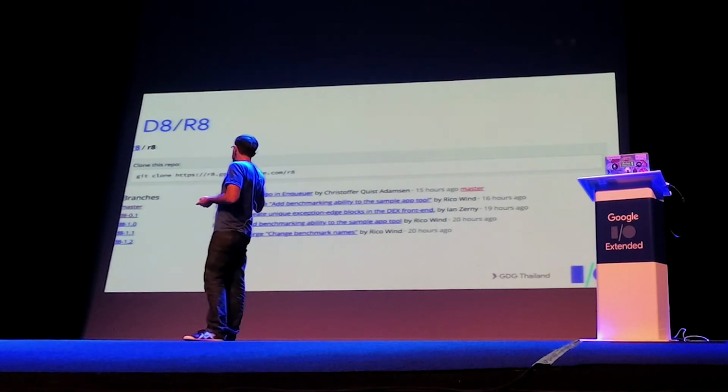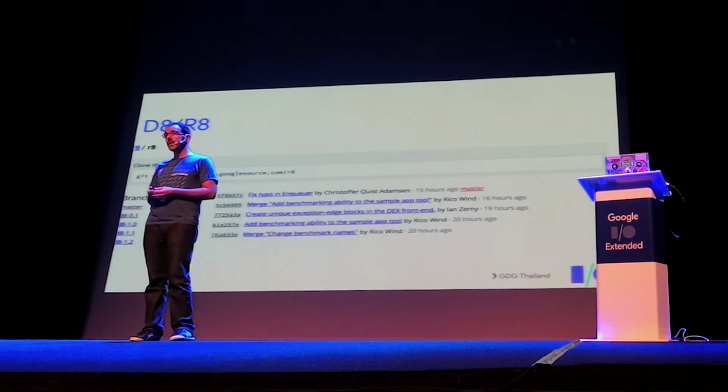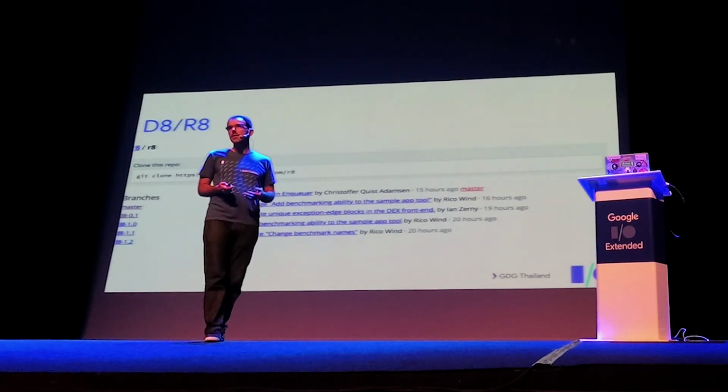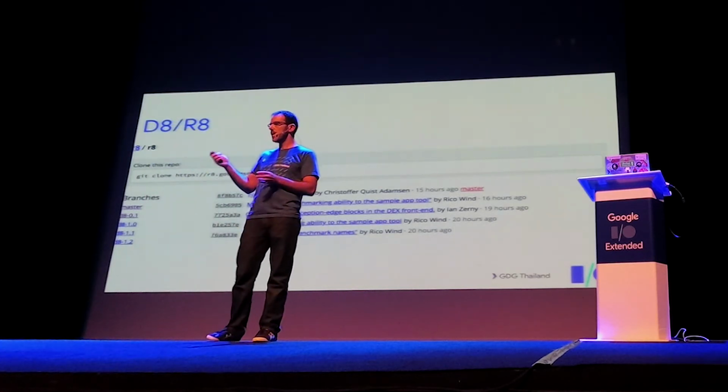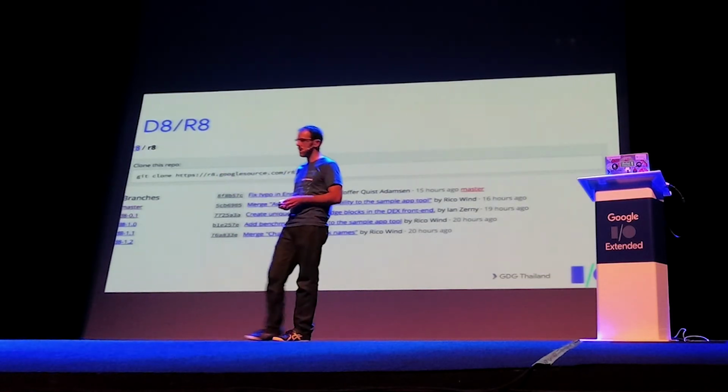Then the repository is open source, of course, and you have the issue tracker for both D8 and R8. I recommend it because it's quite necessary to understand what problem you're handling.